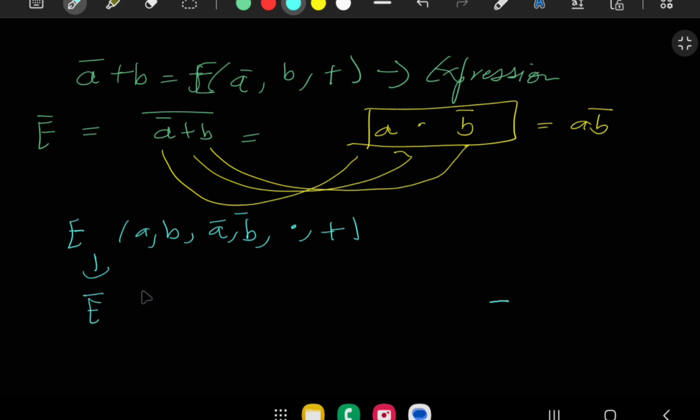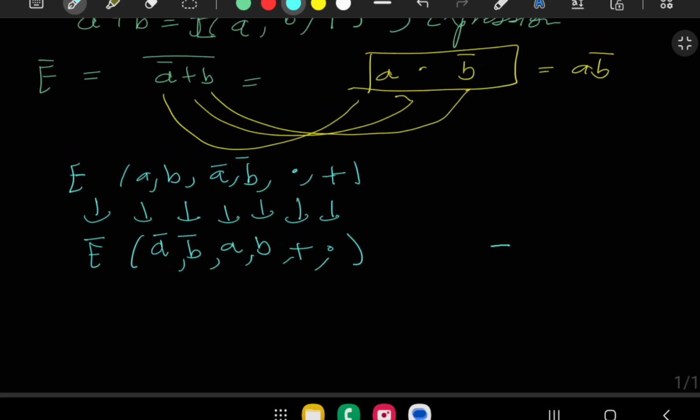Very simple. A will become a bar, B will become B bar, A bar will become A, B bar will become B, and will become or, or will become and, and literals will be complemented. In simplest form, if you have a literal L.